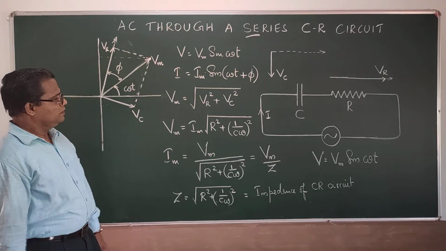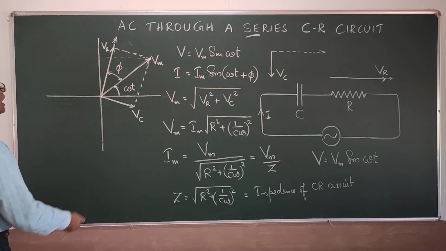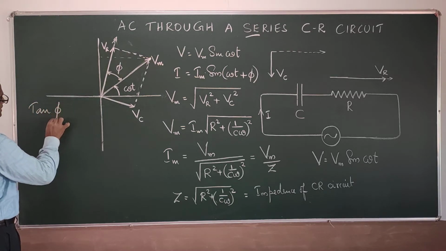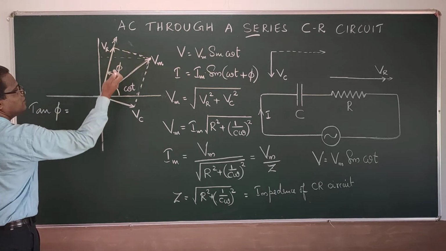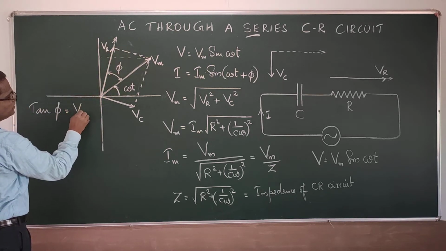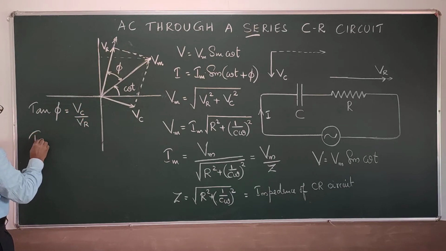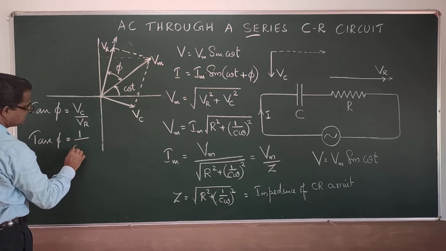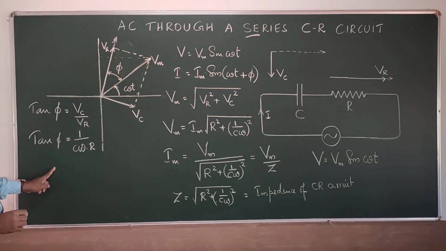Okay. Now this is the equation for voltage and current. Now other equations, the phase factor tan phi from this will be equal to opposite side by adjacent side, that is Vc by Vr, that is tan phi is equal to 1 by (C omega R). So this is called the phase factor of the CR circuit.